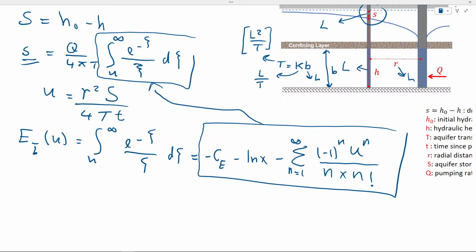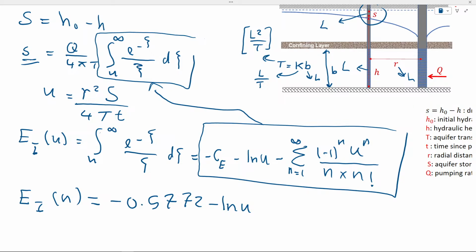Let me show you this one. Let me put in the Euler constant. I know Euler's constant is 0.5772, minus ln u. Sorry, this is u here, because this is a function of u.